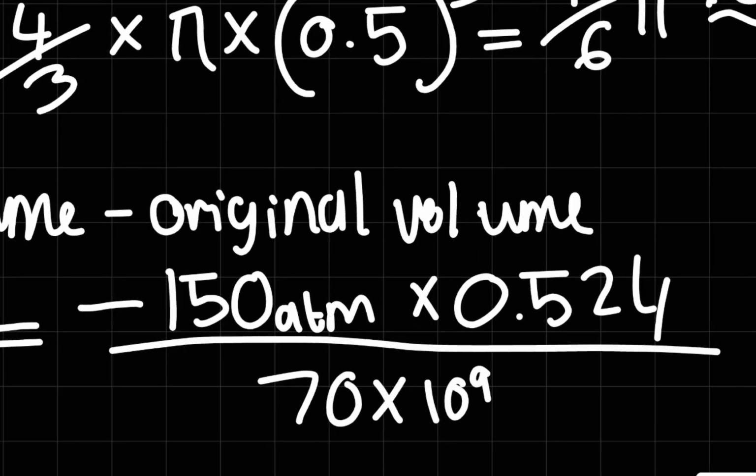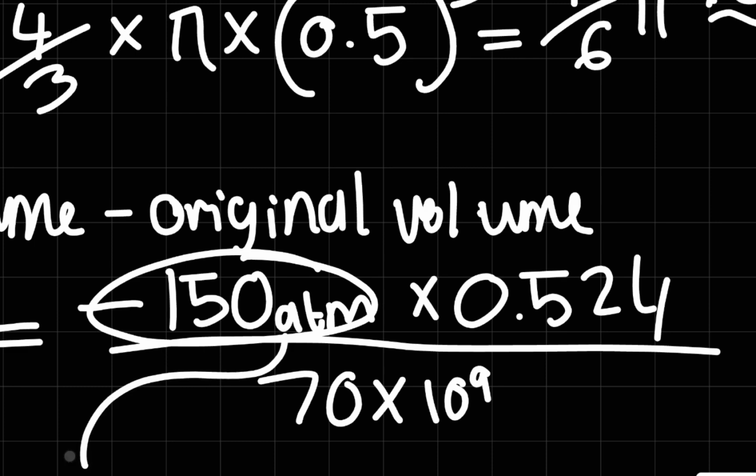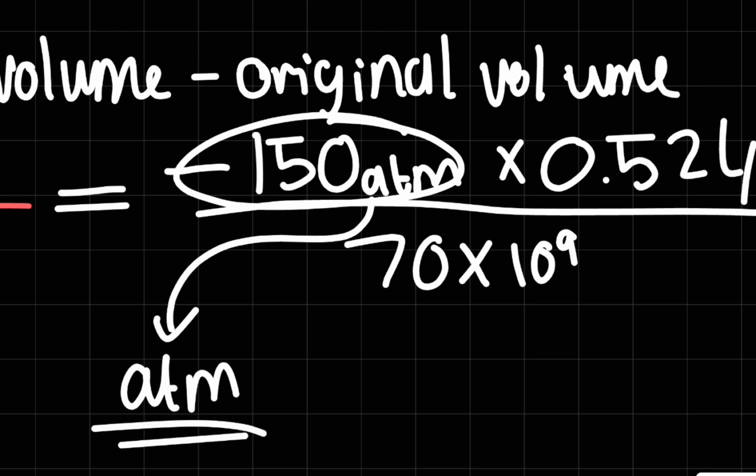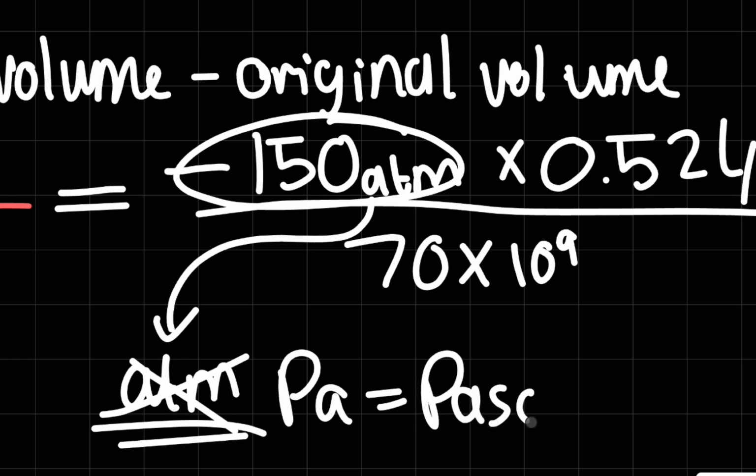Now, concerning this one, we can't necessarily use that unit, the atmospheric pressure unit, for working with pressure. To work out pressure, we need to work in pascals. So we'll need to convert that.